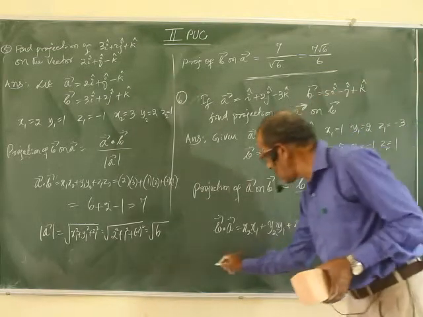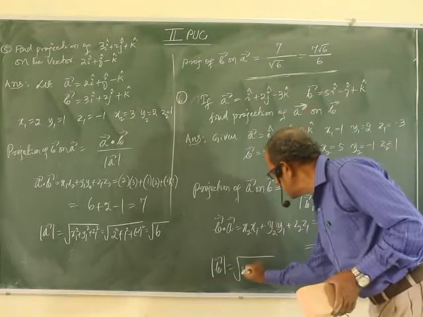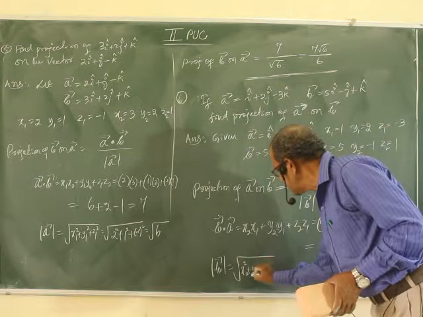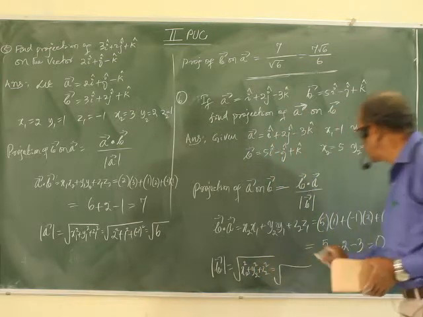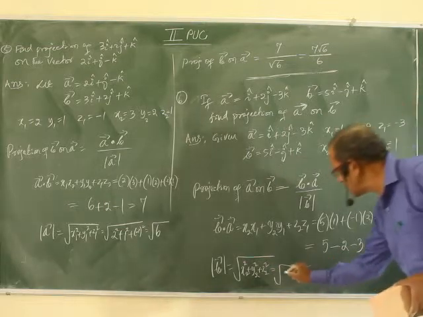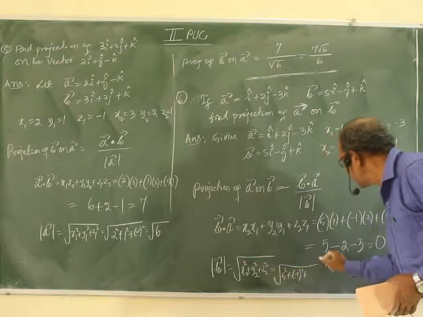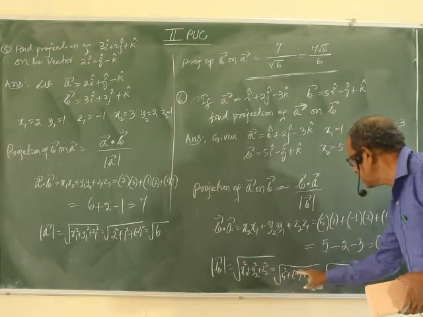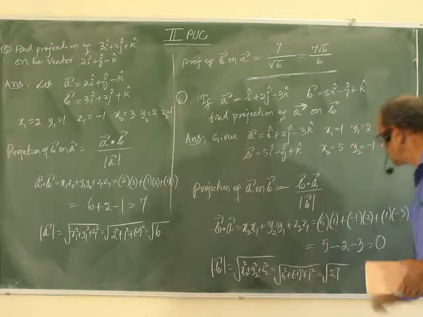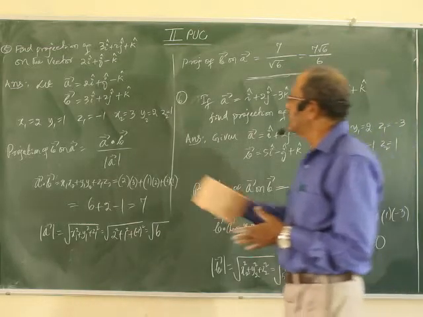Mod B is not necessary, because you get 0 anyway, even then let me do that. x2 square, y2 square, z2 square is 5 square, minus 1 square, 1 square, 25, 26, 27.